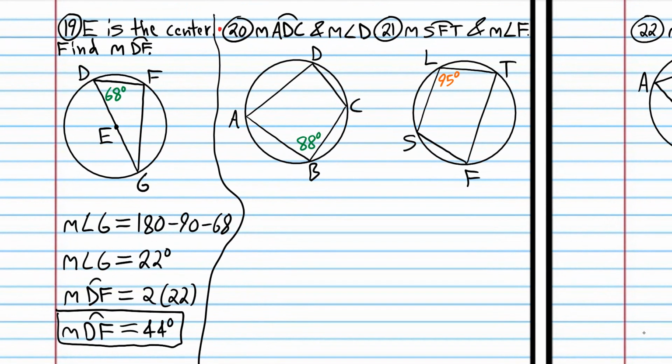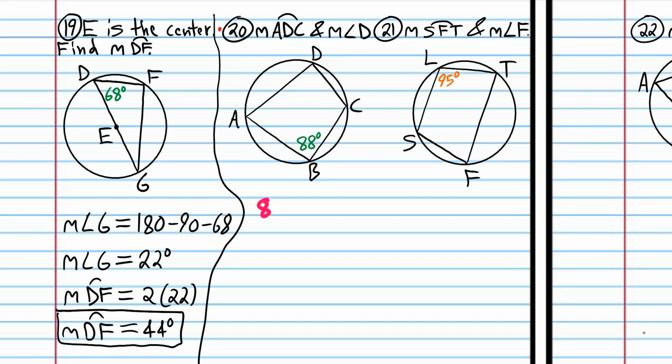We want to find the measure of arc ADC. So this is the easy part, arc ADC. Now if you consider angle B to be an inscribed angle, which it is, then obviously the corresponding arc would be here. So we can easily find that just by doubling 88.